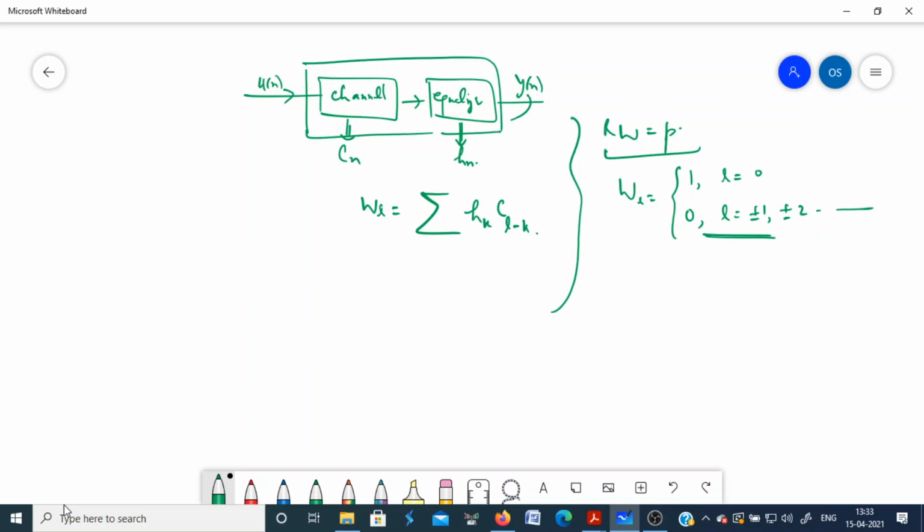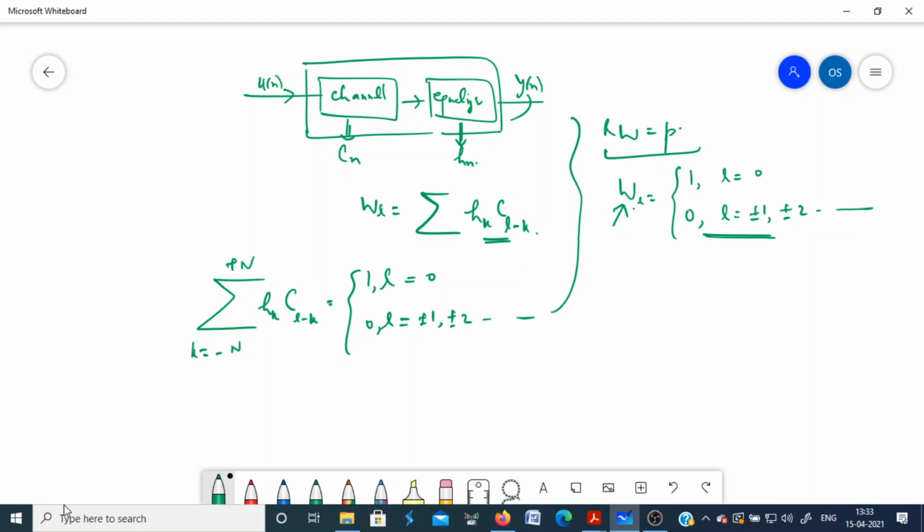So in place of WL, you can write these equations on the left hand side. You will get the summation of HK C of L minus K, K from minus N to plus N, equal to 1 if L is equal to 0, and 0 for L equal to plus minus 1, plus minus 2 and so on.